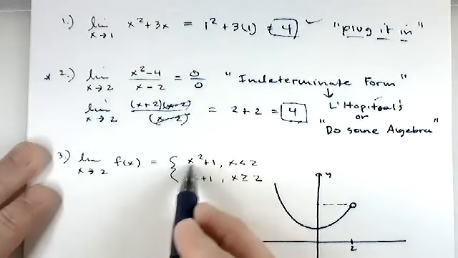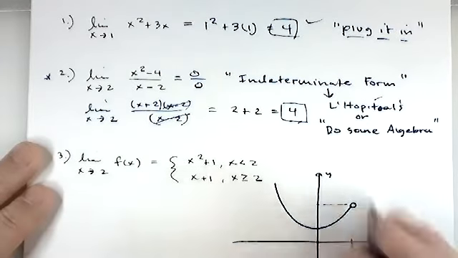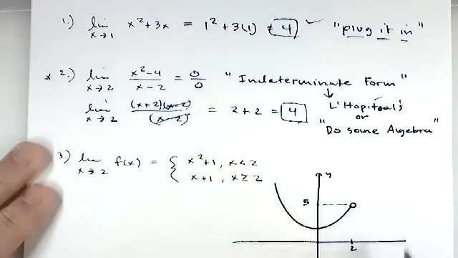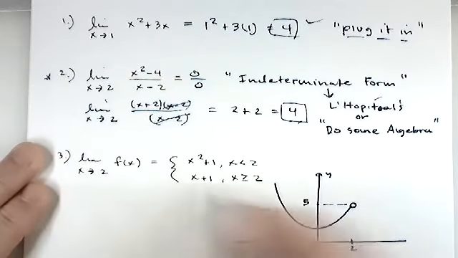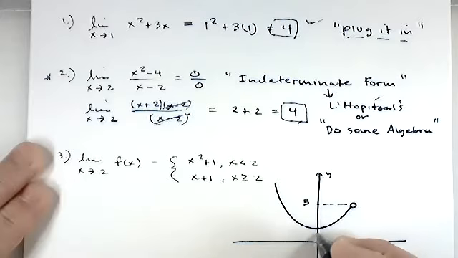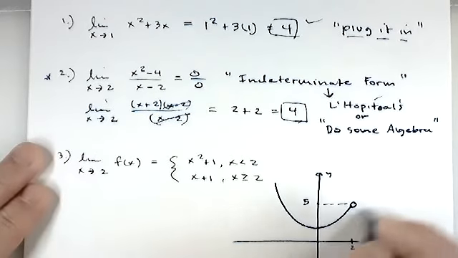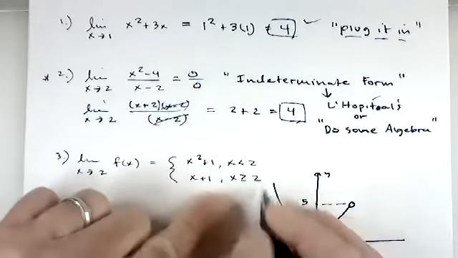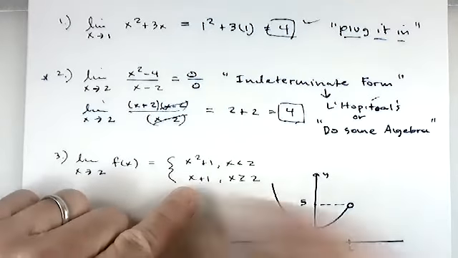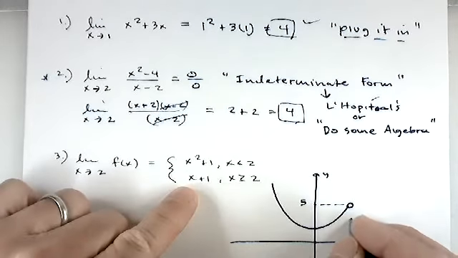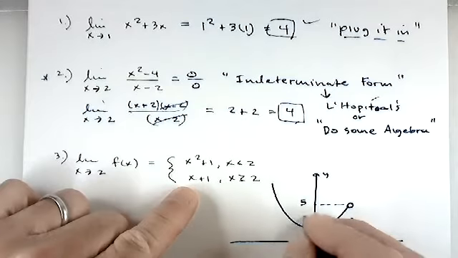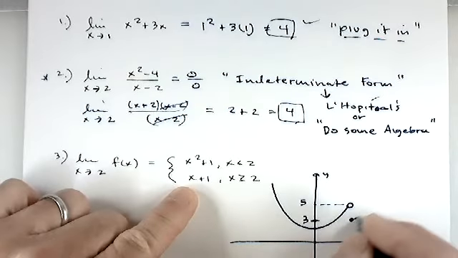If x had been allowed to be 2 here, 2 squared plus 1 would have given me 5. And then to the right of 2, I'd be graphing the line y equals x plus 1, which is a line with a y-intercept of 1 and a slope of 1. So it would look something like this. But if I plug in 2 here, that's going to give me 3. So I can tell that this line actually starts right here.